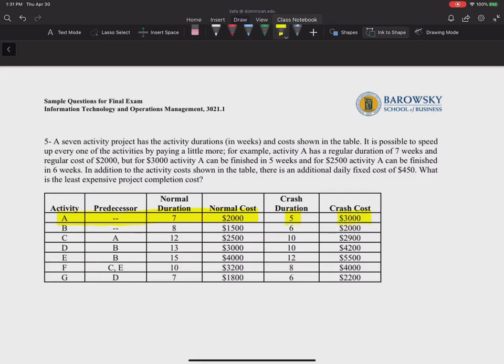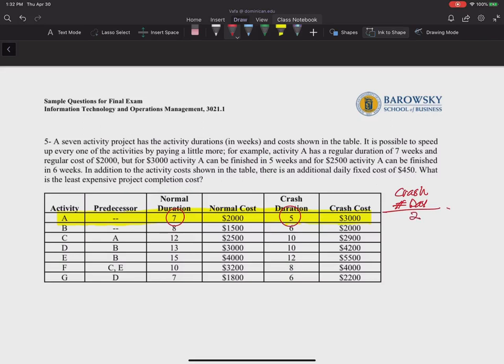It means that for activity A, the total possible crash duration is the difference between normal duration and crash duration, okay? So the number of days that it can be crashed is the difference between 7 and 5.